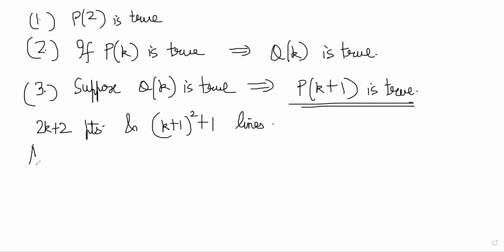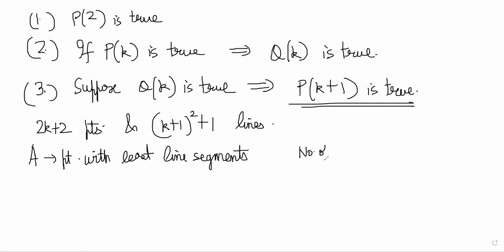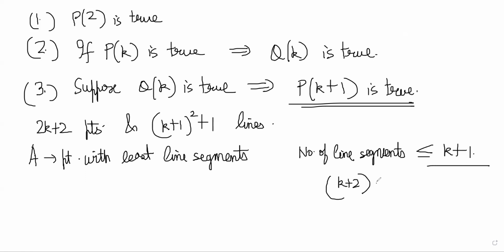Again, we do the same method. A is the point with least line segments connected to it. How many should A have? So think about it. Number of line segments that A should have is less than or equal to k plus 1. Why? Because if A had k plus 2, we'd do k plus 2 into 2k plus 2 by half.